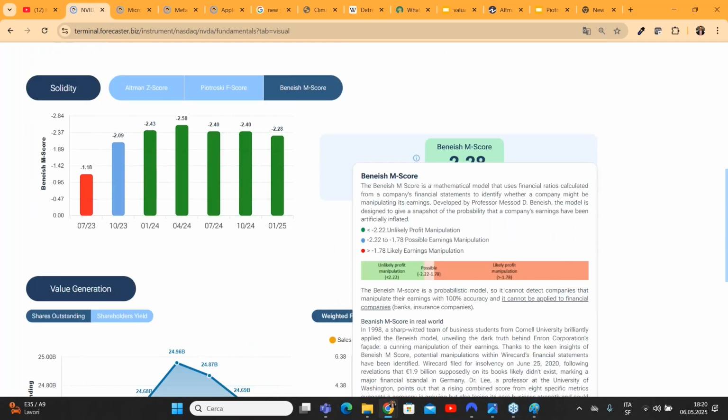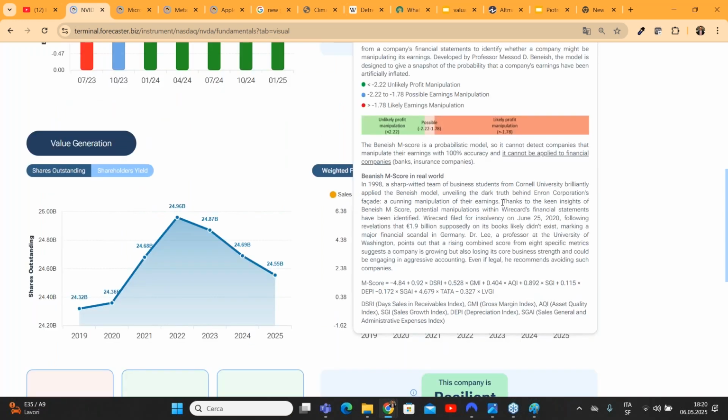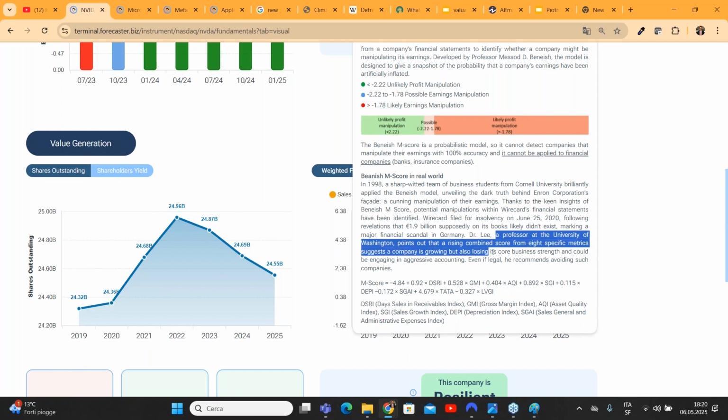Okay, and as you can see, in the past this ratio helped to find many frauds, like for example the Wirecard manipulations that were made in 2020. Okay, and as Dr. Lee, a professor at the University of Washington, says, a rising combined score from 8 specific metrics suggests a company is growing but also losing its core business strength and could be engaging in aggressive accounting.